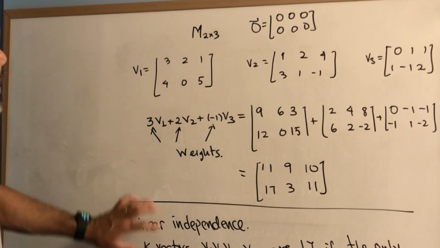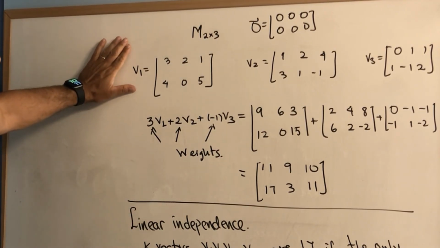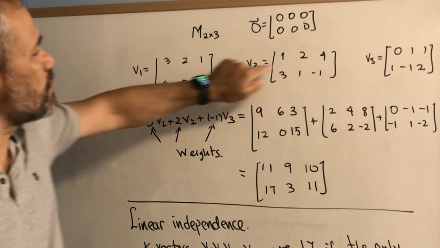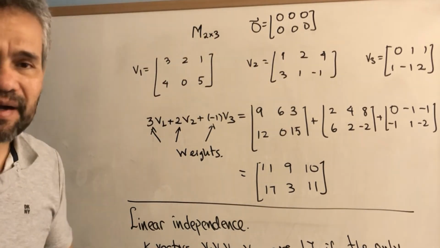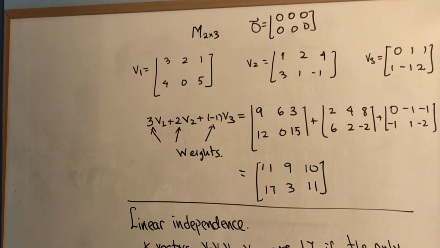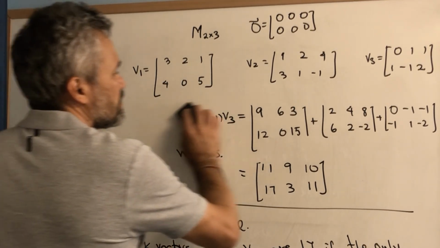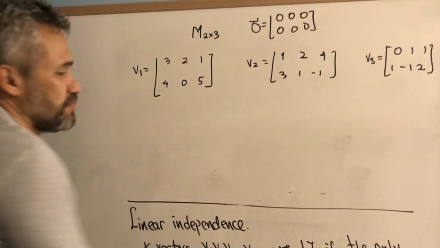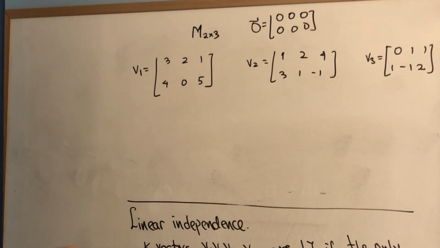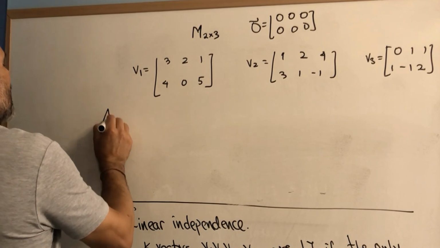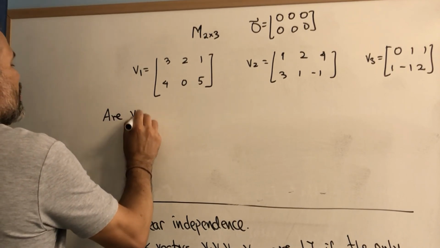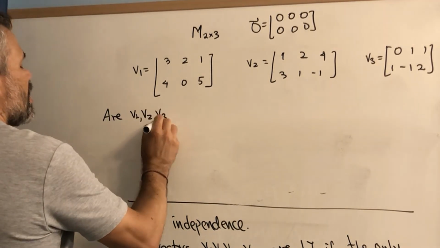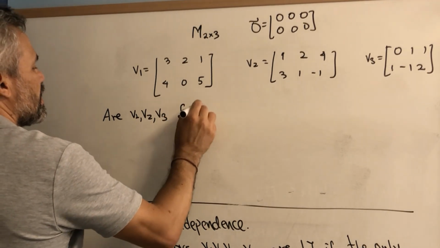As an example, let's check if these vectors 1, 2, 3 in this space are linearly independent or not. The question is: are v1, v2, and v3 linearly independent?